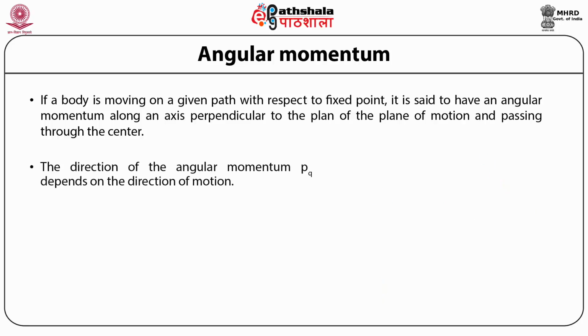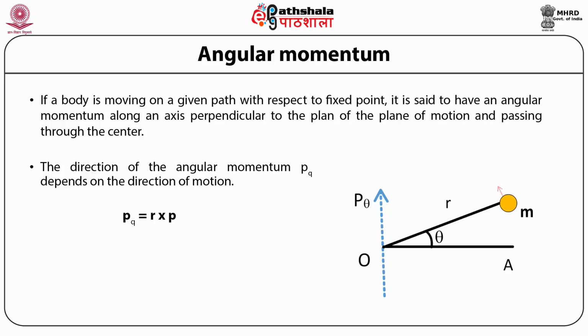The direction of the angular momentum, if we represent it by p theta, depends on the direction of the motion. So mathematically, p theta equals the cross product, or the vector product, between r, which is the displacement vector with respect to the fixed point, and p, which is the linear momentum.